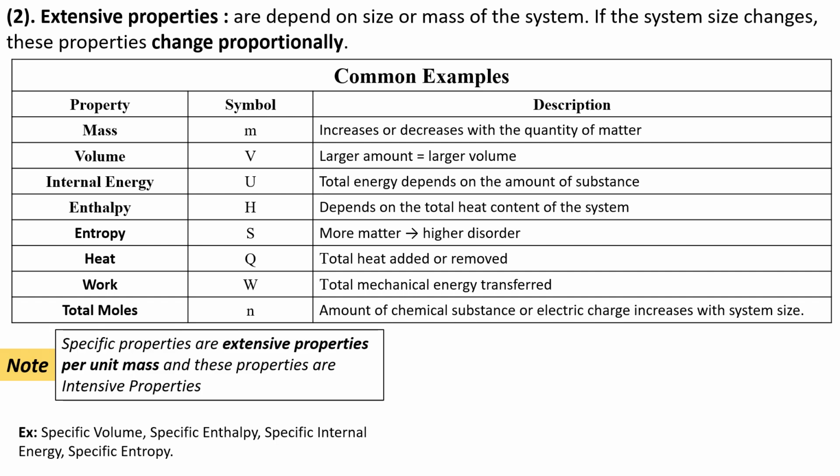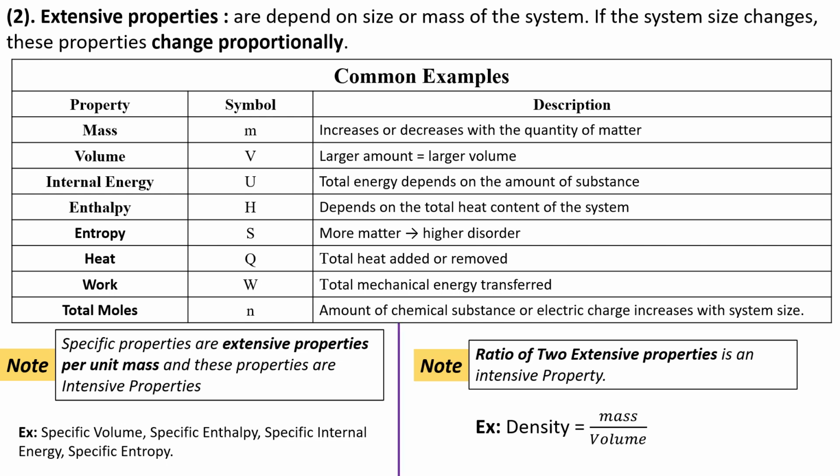And one more important thing here: specific properties are extensive properties per unit mass, and these properties are intensive properties. So specific volume, specific enthalpy, specific internal energy and specific entropy all come into the category of intensive properties.